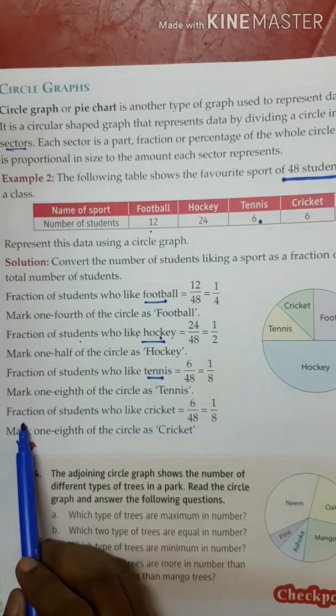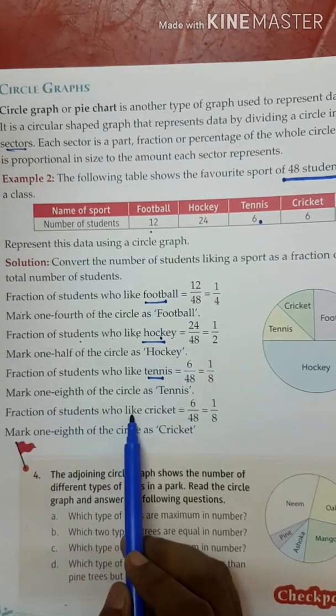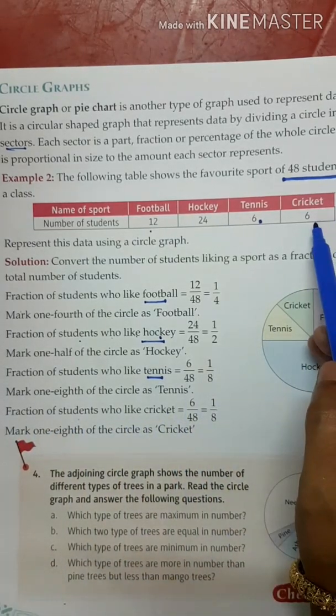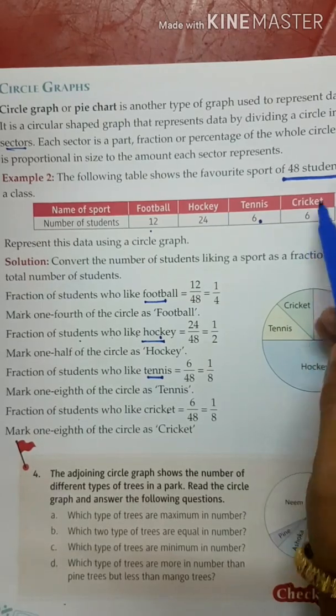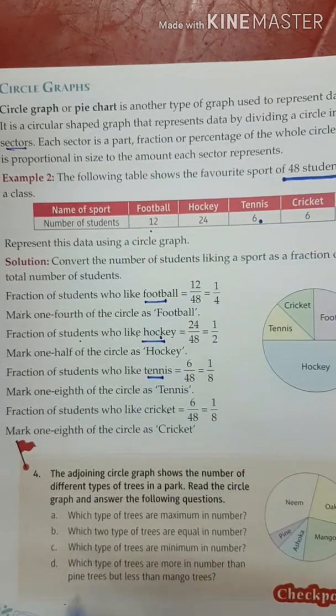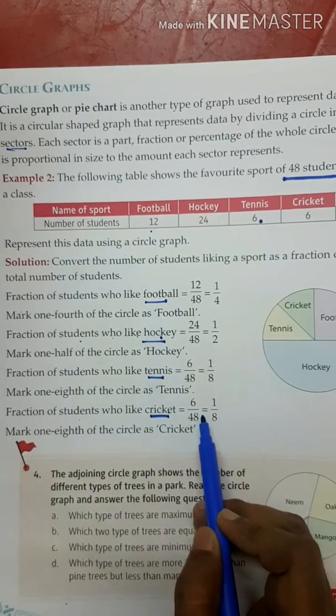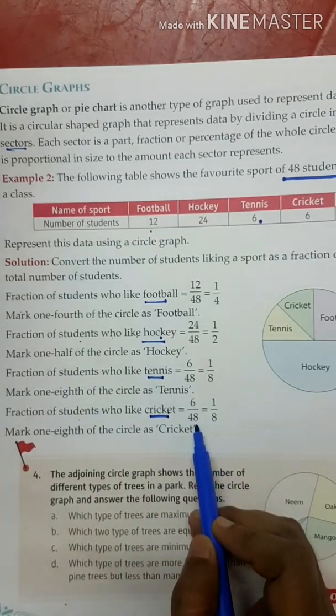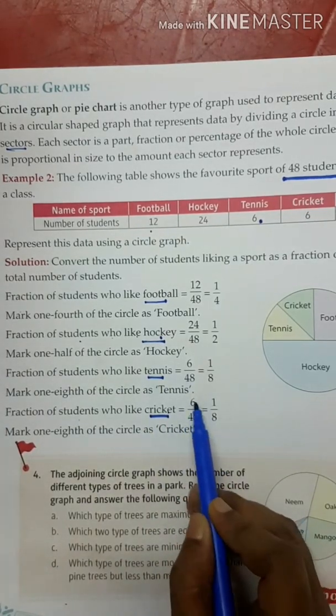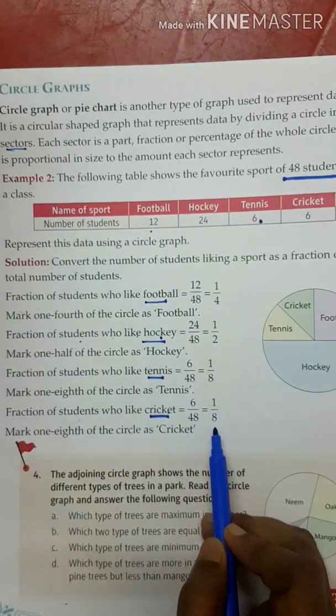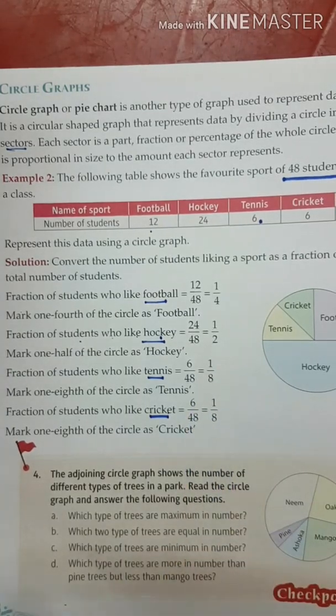Now, fraction of students who like cricket. In the question they give the number of students as 6 and the total number of students is 48. So cricket is 6 by 48. If you simplify this, 6 ones are 6 and 6 eights are 48. So make 1/8 of the circle as cricket.